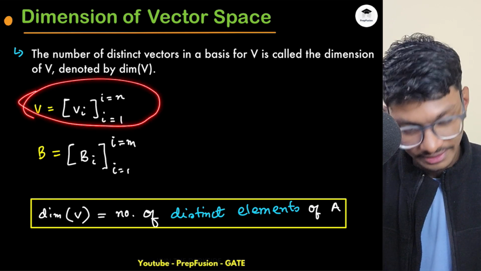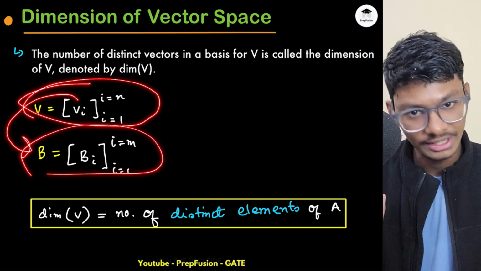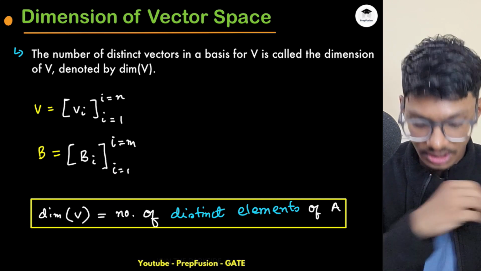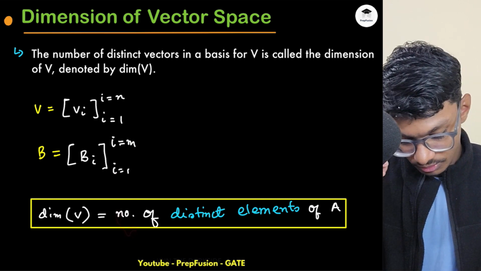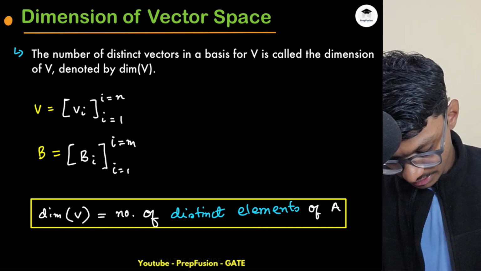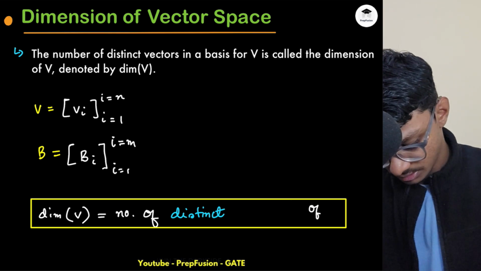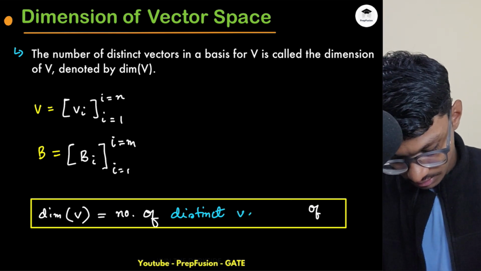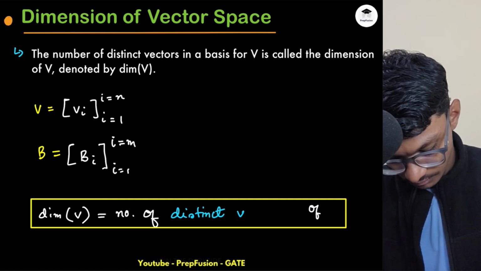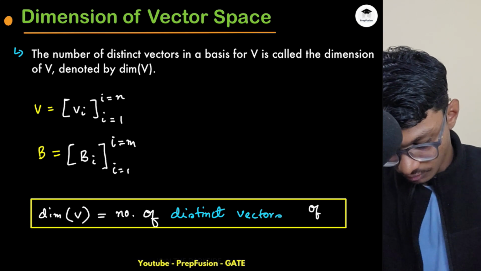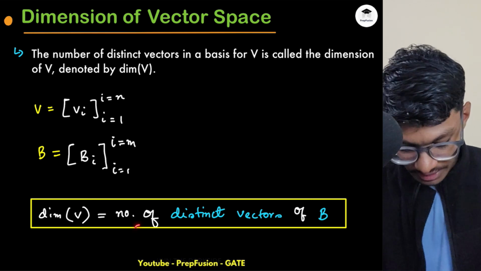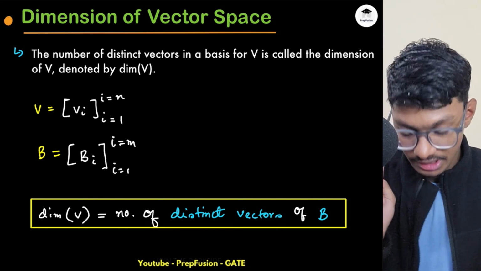Now the vector space has a basis B, and it has m vectors. The number of distinct vectors of B will be basically the dimension of V.